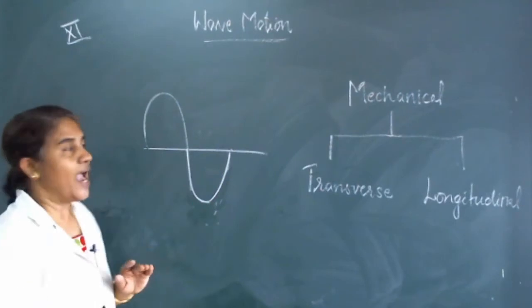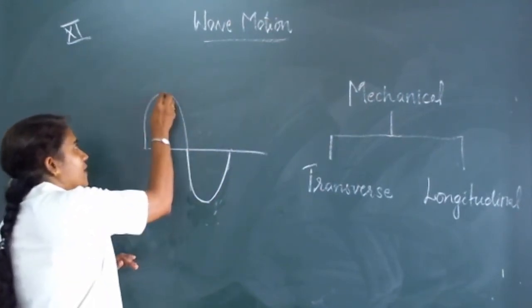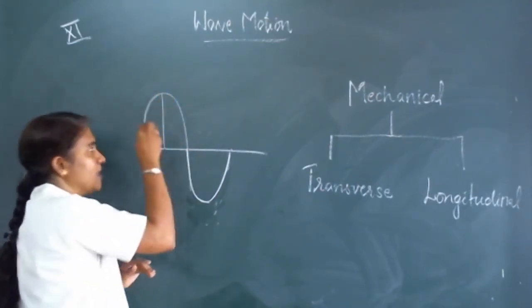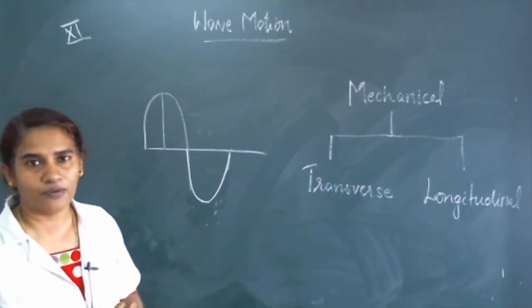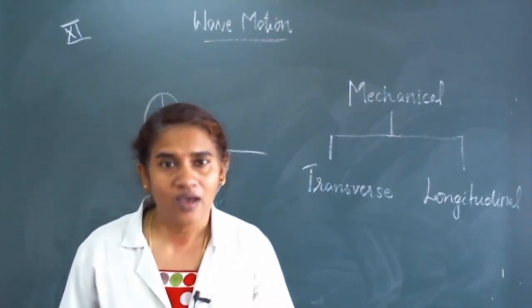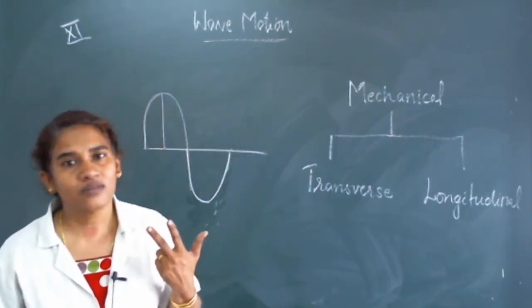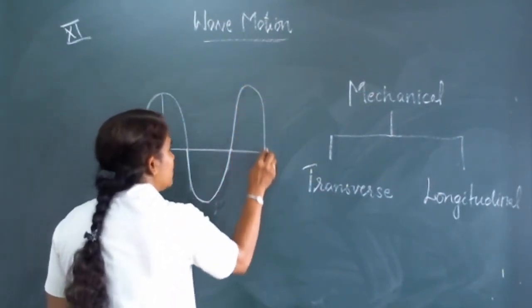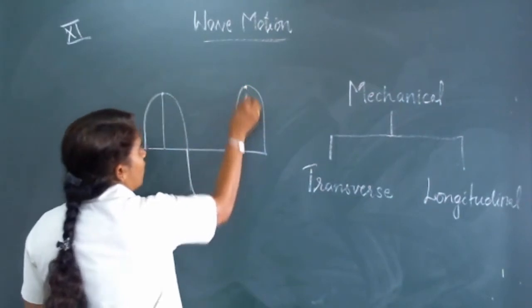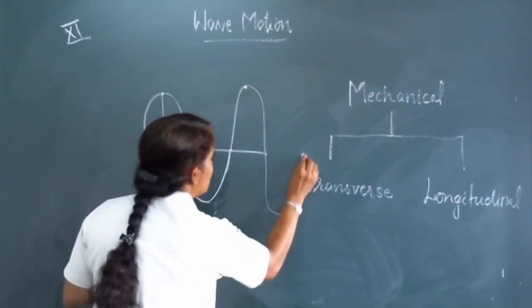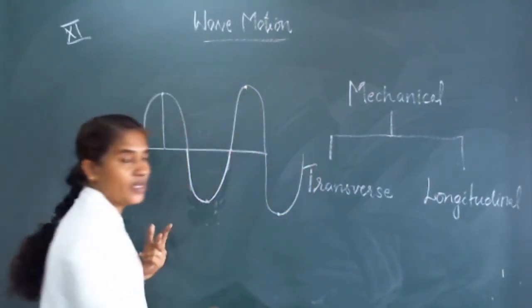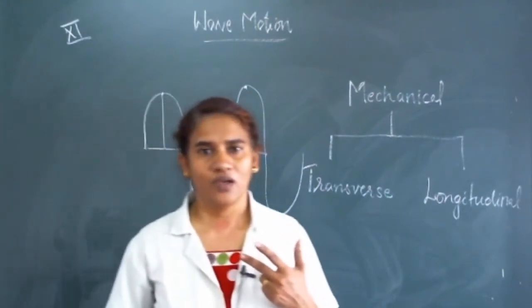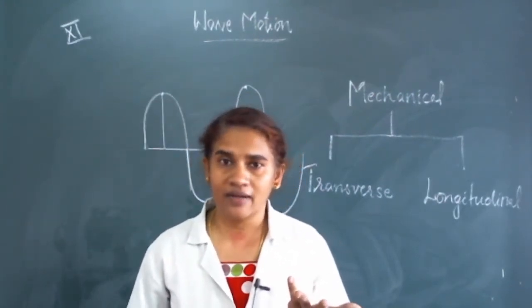When we take the maximum displacement of the particle from the mean position, it is called amplitude. The distance between two crests or between two troughs is called its wavelength.